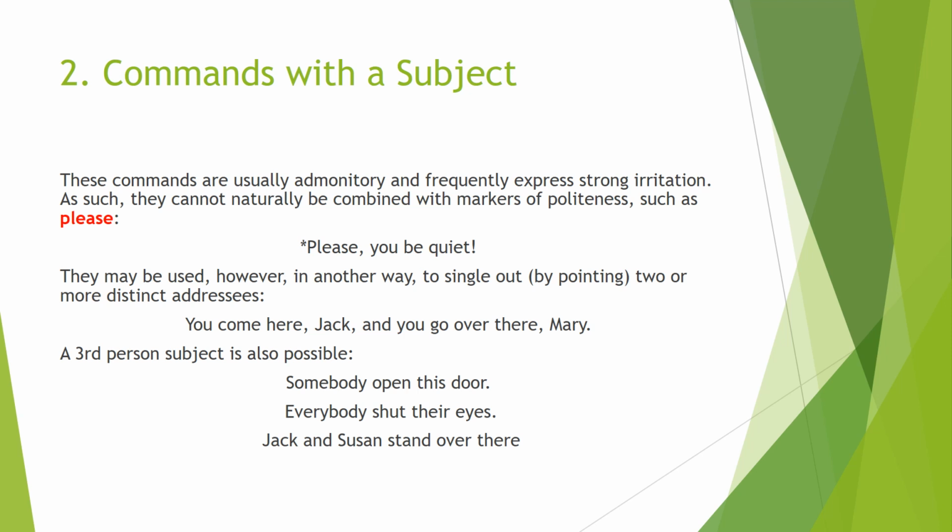Okay, I am ordering all the people I see, so I say everybody. Okay, Jack and Susan, stand over there. I am ordering here two people and I am mentioning their names. So here Jack and Susan, they are the subject who are going to stand over there, okay, to do my command.